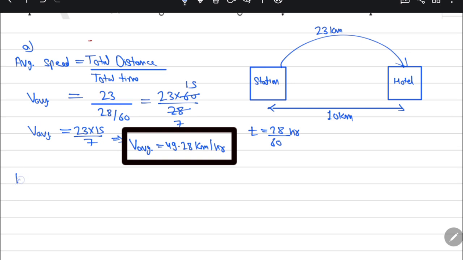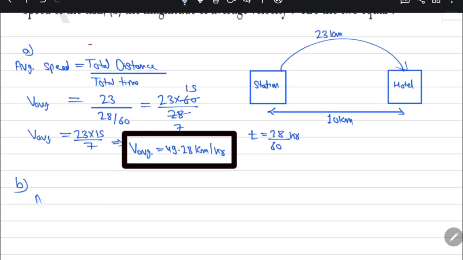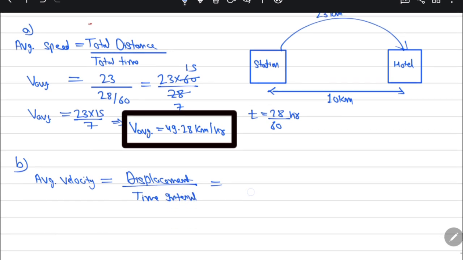Then after that, part B, the average velocity. Average velocity is basically change in displacement, or displacement upon time interval. Displacement is basically the shortest path. The shortest path is 10 divided by the total time, 28 by 60.